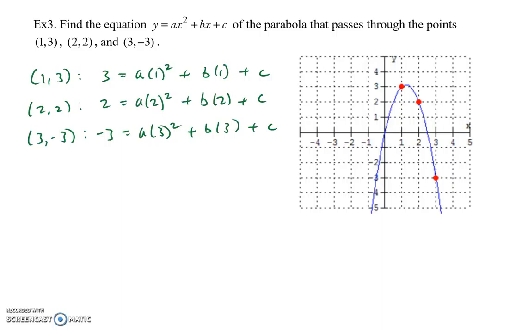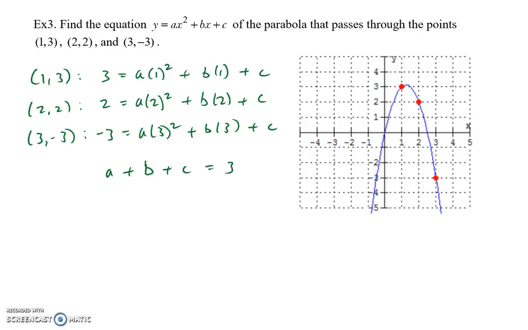That will be more obvious if we simplify each of these equations. So the first equation, let's put the left-hand side on the right and the right-hand side on the left, so to speak. The a times 1 squared plus b times 1 plus c could be written a plus b plus c equals 3.